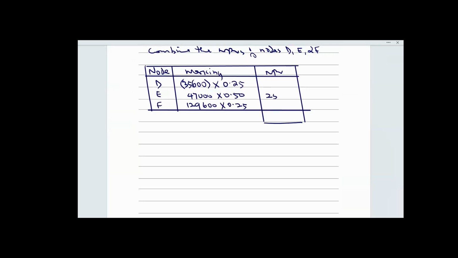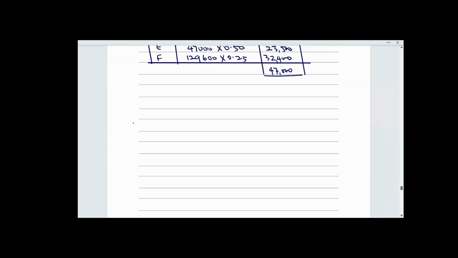The first one, 8,900 negative. Then this one will be 23,500. 32,400. Final answer: 47,000 positive.